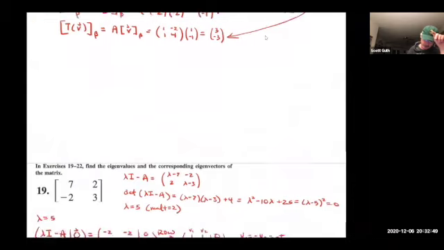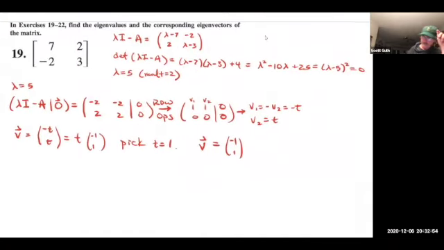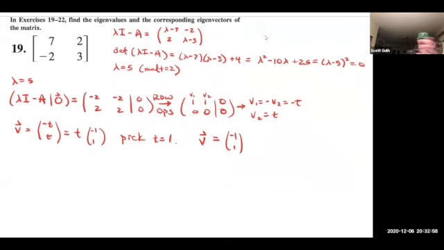Okay, so going on. Number 19. Now we're getting into the eigenvalues and the eigenvectors. Okay, so first of all, to find an eigenvalue, you need to create a characteristic polynomial. That starts by computing lambda I minus the matrix A. So A is the given matrix here.